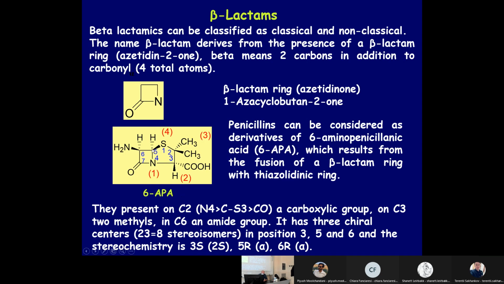You see, there is the hydrogen and then the other 3 important atoms. Carbon 6, once again. So we have 3 chiral carbon atoms. Only the 3S, 5R, 6R is active. All the other isomers are not active. So these 3 stereocenters are very important.